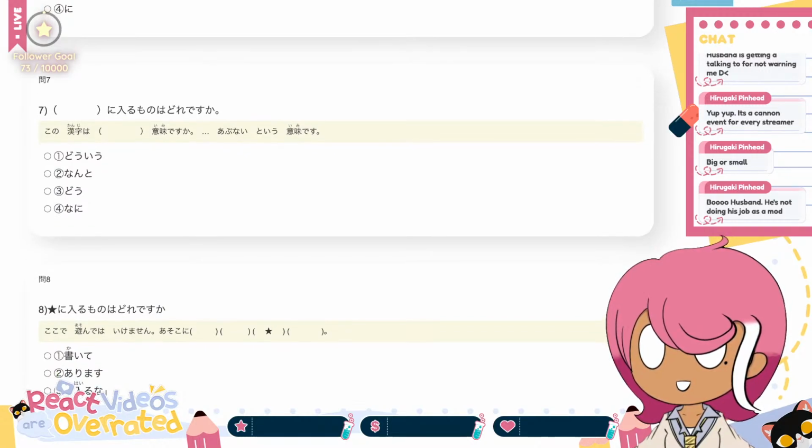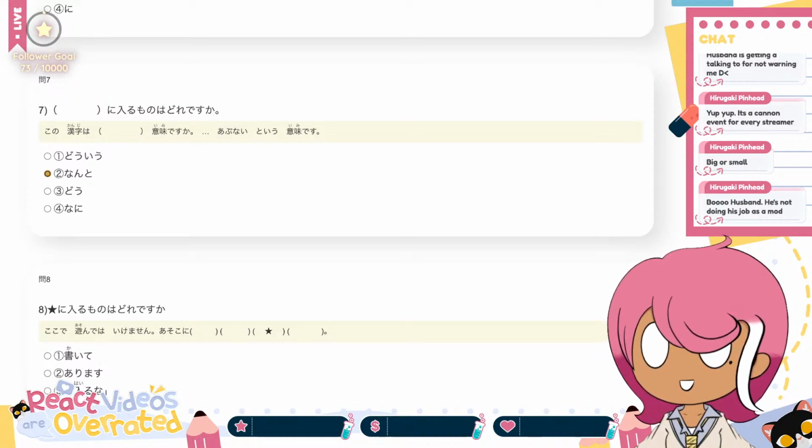この漢字はどういう意味ですか? どういう意味ですか? なんと意味ですか? There we go. I want to say that one.